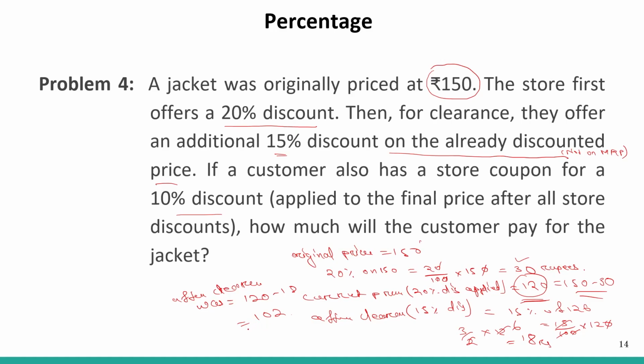So we get a 10% discount on this price. 10% of 102 is equal to 10 by 100 into 102, so this will be 1 by 10 into 102, which is 10.2. So 102 minus 10.2 is nothing but 91.8 rupees.